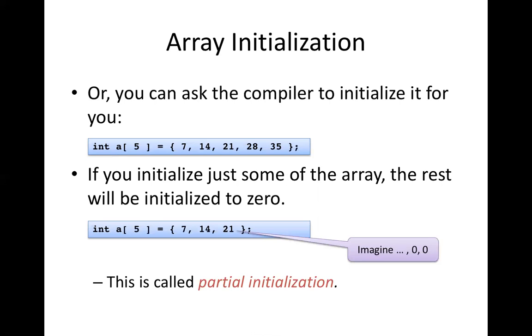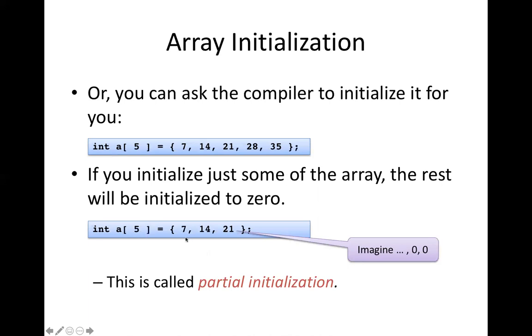You can also do what's called partial initialization. Down here at the bottom, I'm showing making a 5-element array, but I don't give 5 initialization values. I only give 3 here. If you partially initialize an array, the compiler automatically writes code to put every value you specify into an array element.